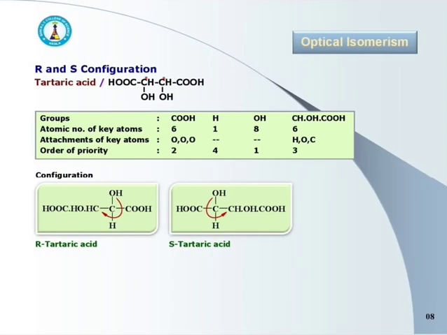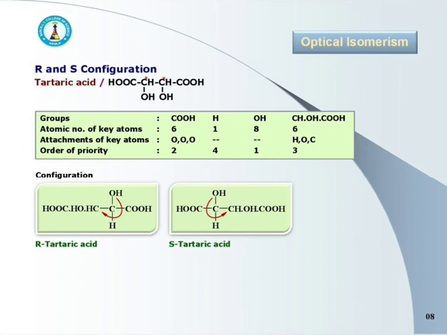Next one, tartaric acid. Molecular formula COOH, CHOH, CHOH, COOH. Here two asymmetric carbons are present, and both asymmetric carbons have four different groups attached, and these are COOH, then H, OH, and lastly CHOH, COOH.